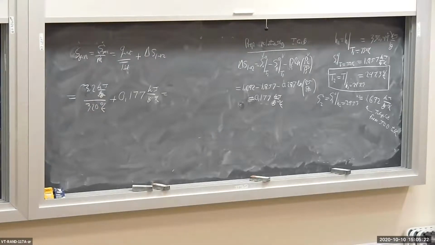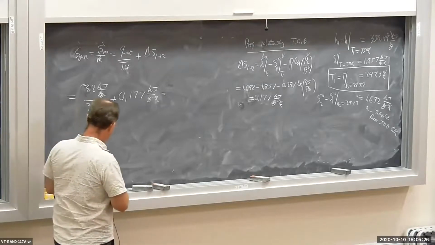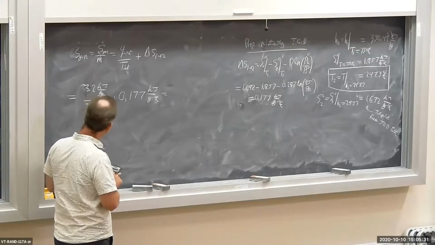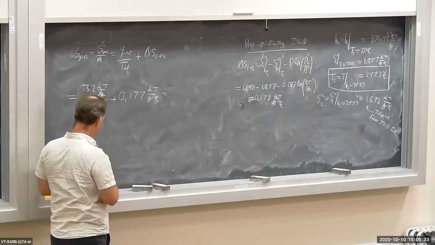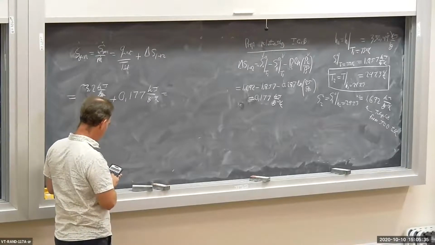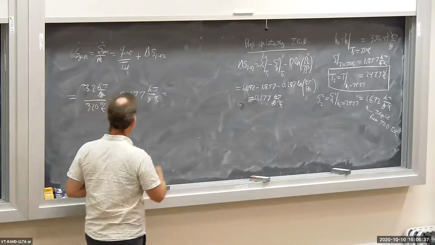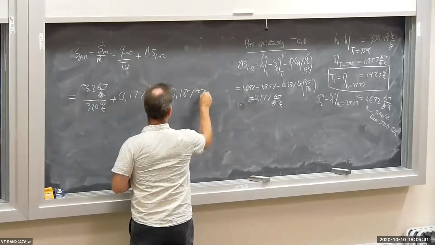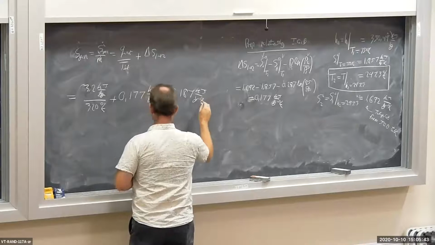And so let's crank this out here: 3.2 divided by 320 plus, this is about 0.01 plus 0.177, and I get 0.187 kilojoule per kilogram degree Kelvin.